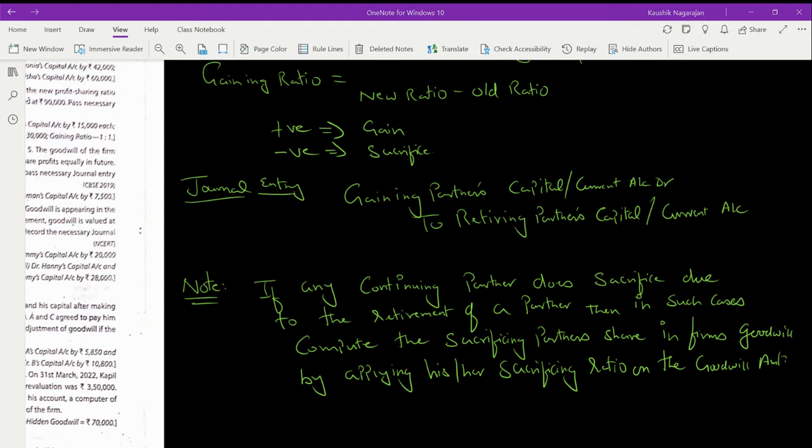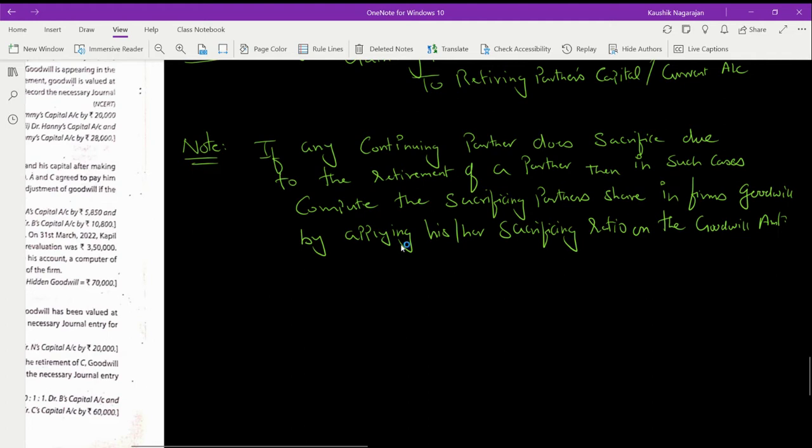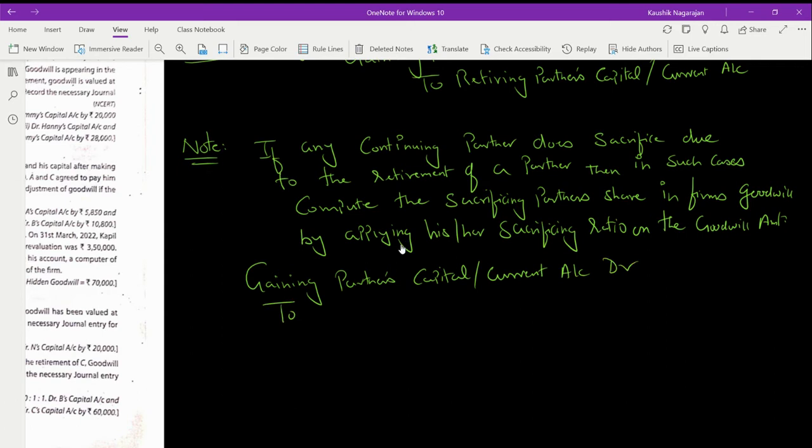And again, the journal entry for this particular concept is: gaining partners' capital or current account will be debited, followed by that, to the retiring partner's capital or current account, credit, followed by that, to the sacrificing partners' capital or current account.